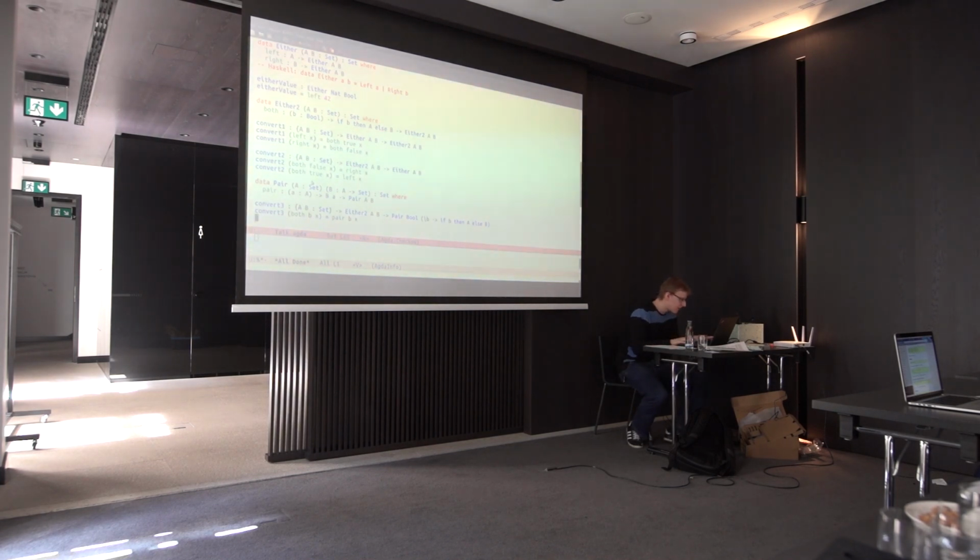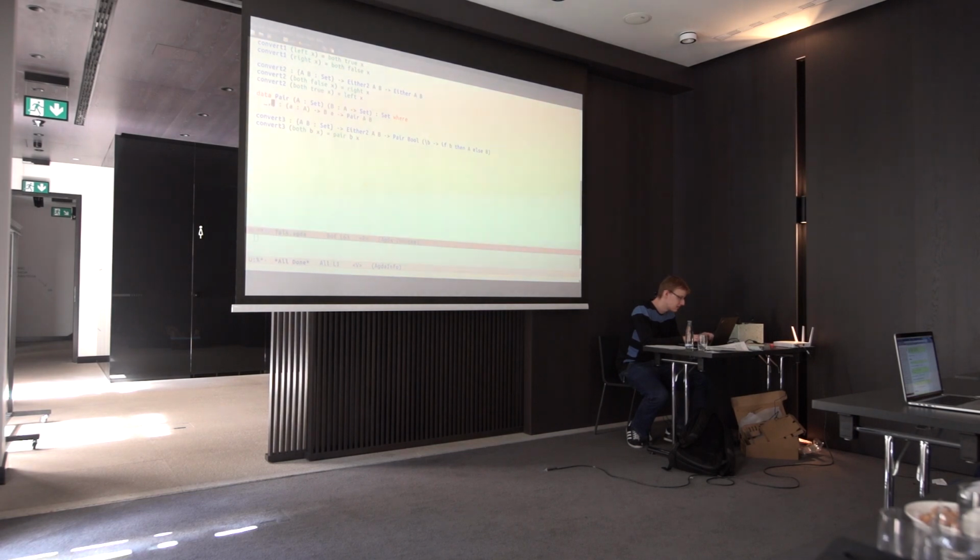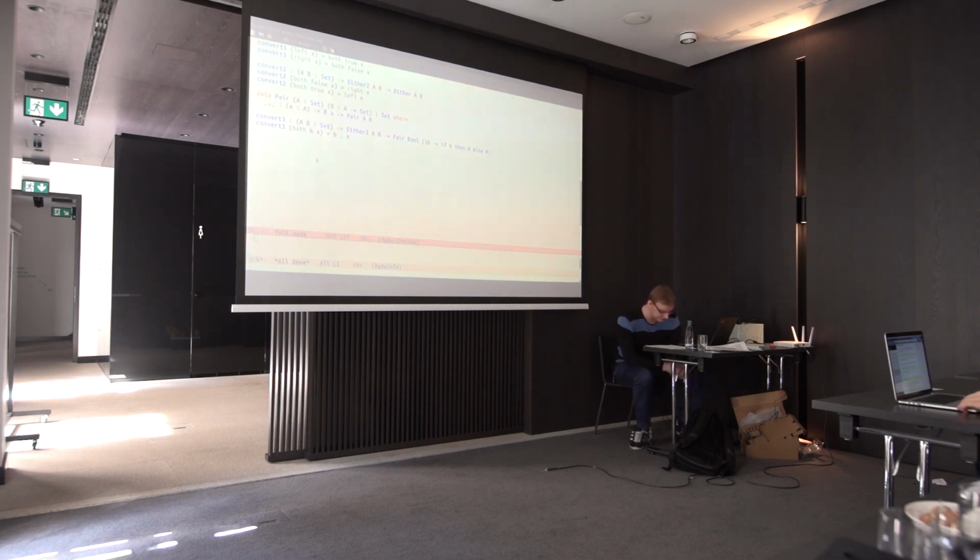I'd like to make one small cosmetic change. Notice this pair constructor. I will write it this way. Okay. So that's a comma, and you can use comma just like a normal operator or a constructor.